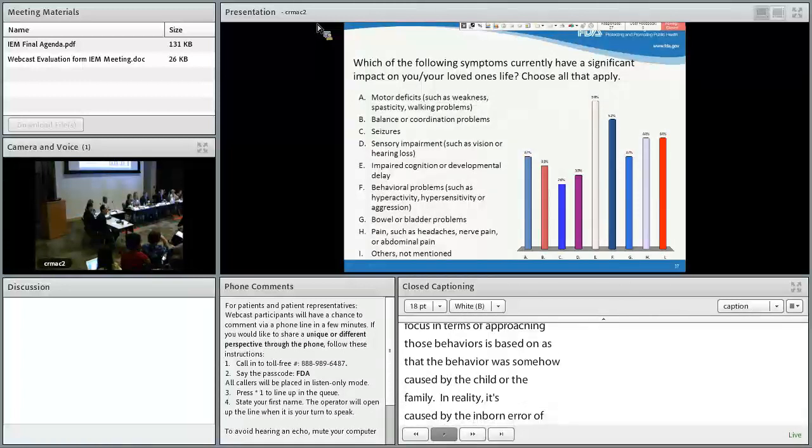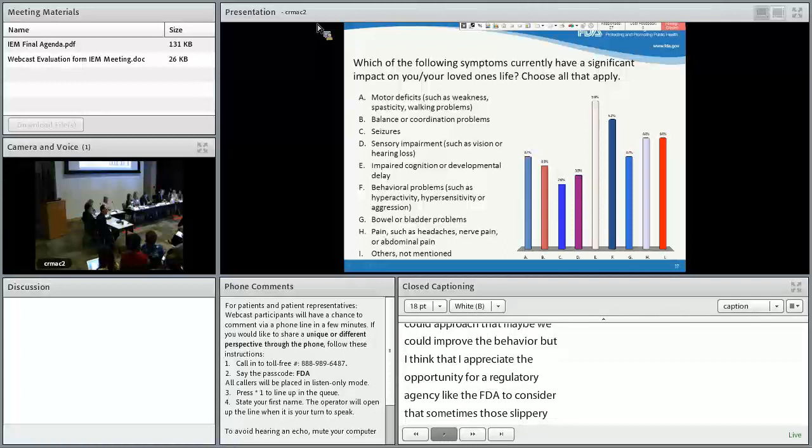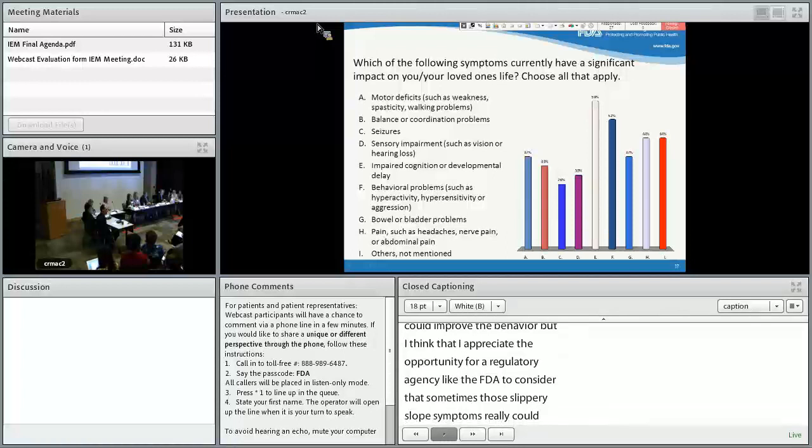It's caused by the defect in the pathway, right? And if we could approach that, maybe we could improve the behavior. But I think that I appreciate the opportunity for a regulatory agency like the FDA to consider that sometimes those slippery slope symptoms really could have the greatest impact for the patient or the family.